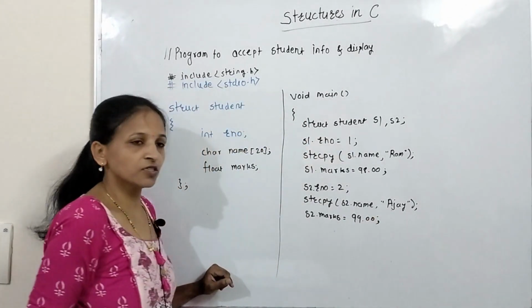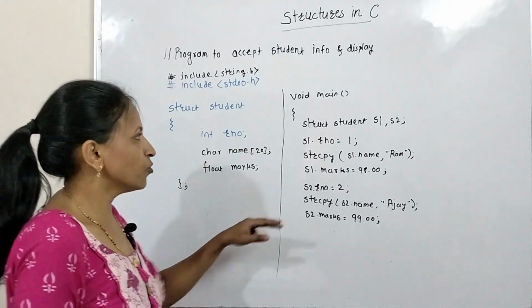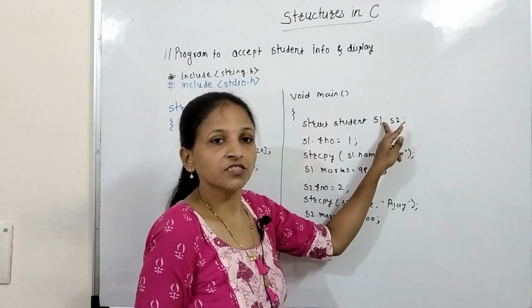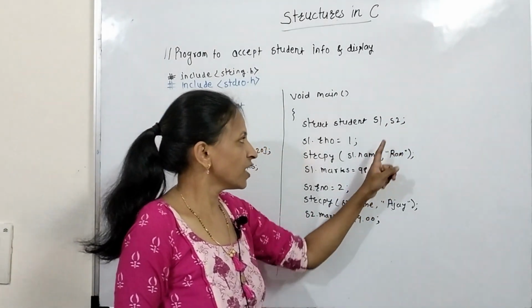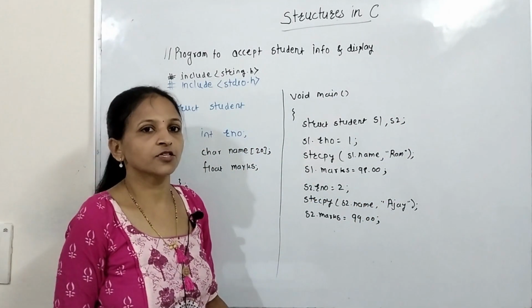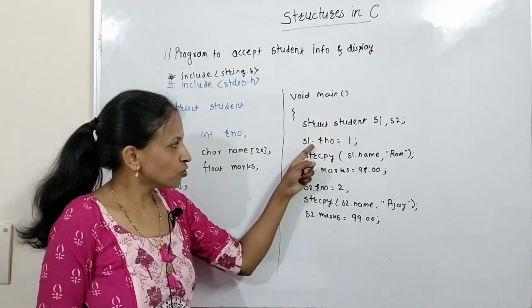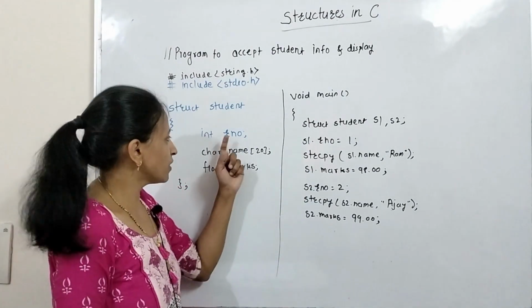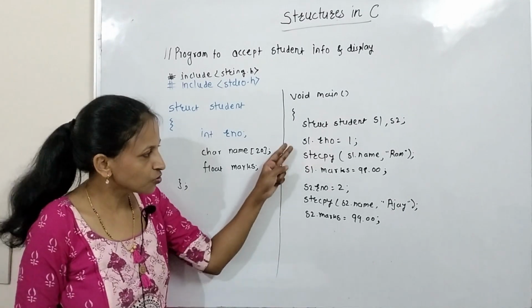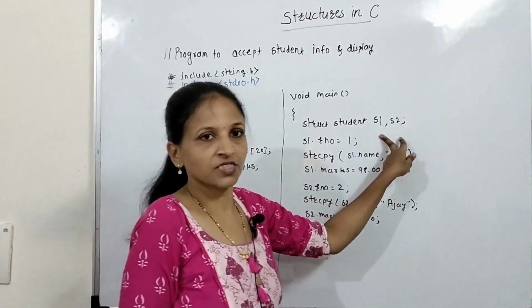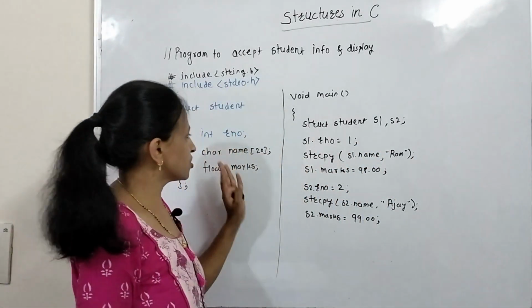In this way we can store data about both variables s1 and s2. s1 will represent one student and s2 will represent another student, and using the dot operator we can fetch individual members of that structure. Now we have stored information about two students with the help of this structure.